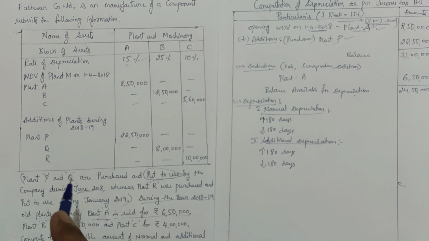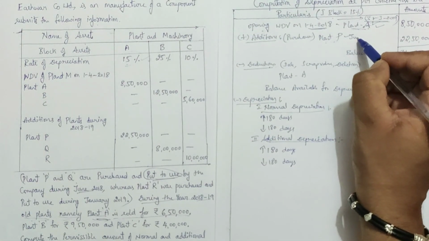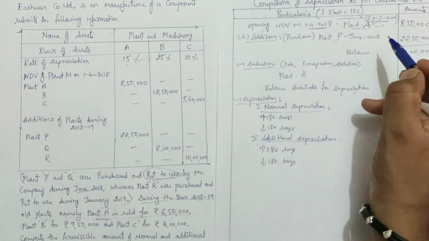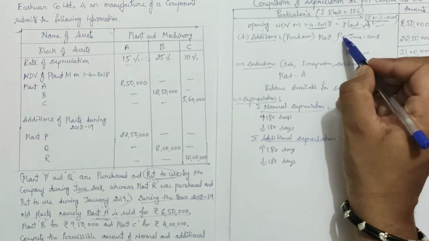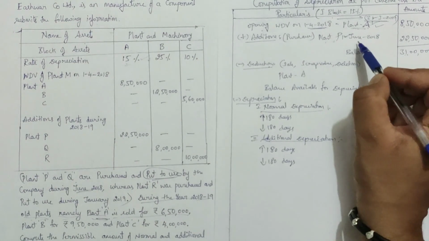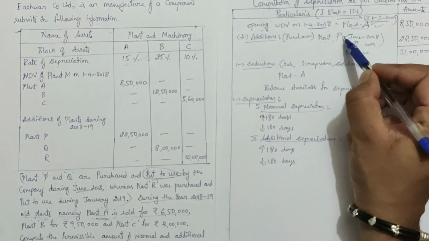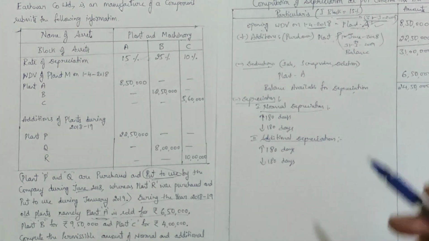So P and Q both plants were purchased in the month of June 2018. They have not given the date, so we will consider it from 1st June 2018. So from 1st June 2018 to what is the last date? 31st/3/2019.